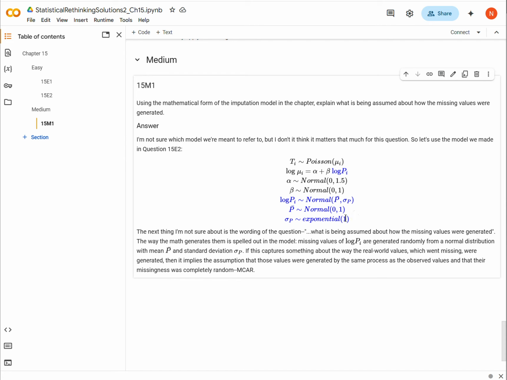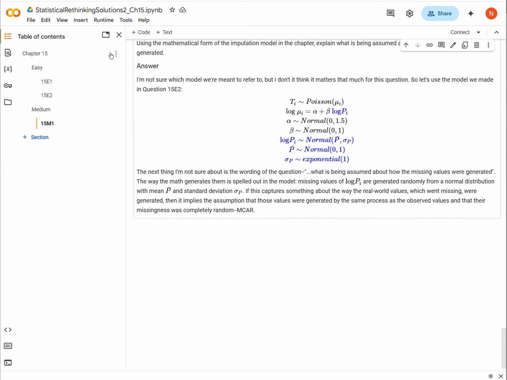I believe it is the latter, but I'm not really sure. Anyway, we're just going to push ahead. I think we can at least have a decent understanding of something here.